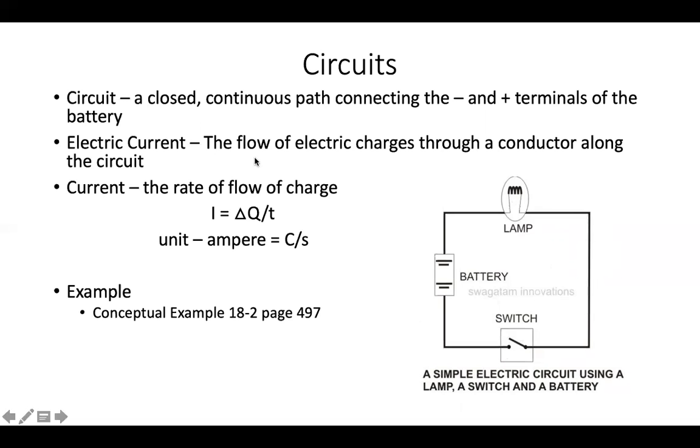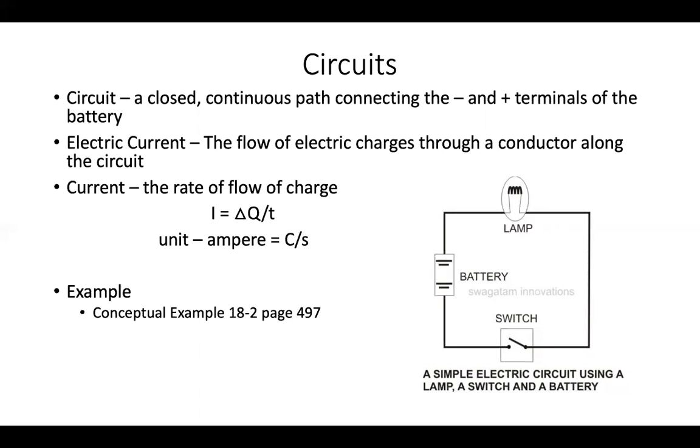So electric current is the flow of charges through the conductor, and the value of the current is the charge per time, coulombs per second. We're not going to do the conceptual example, but the key is it's the rate the charges are moving, not the speed the charges are moving.